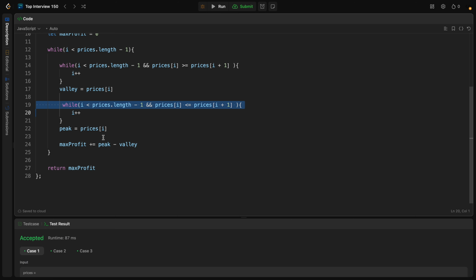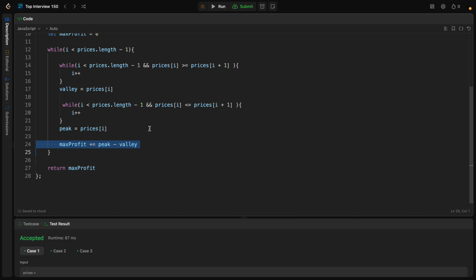After that we calculate the profit. Within this line we calculate the profit buying at the value price and selling at the peak price, and add this profit to max profit, and after that we return the max profit. This function calculates the maximum profit that can be made by buying and selling stocks.